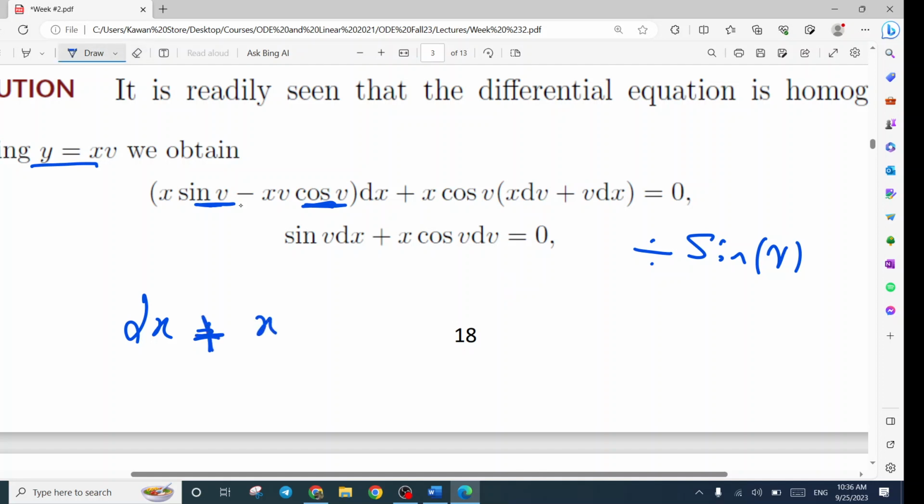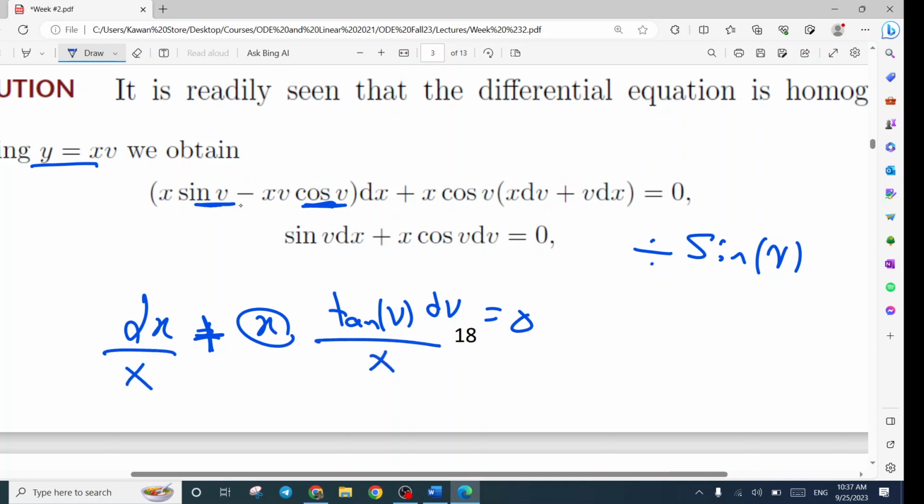Plus x cosine v over sine v is equal to 0, and you know cosine over sine is equal to tan v dv. But we have an x, so we need to divide by x. Then now it is separable.